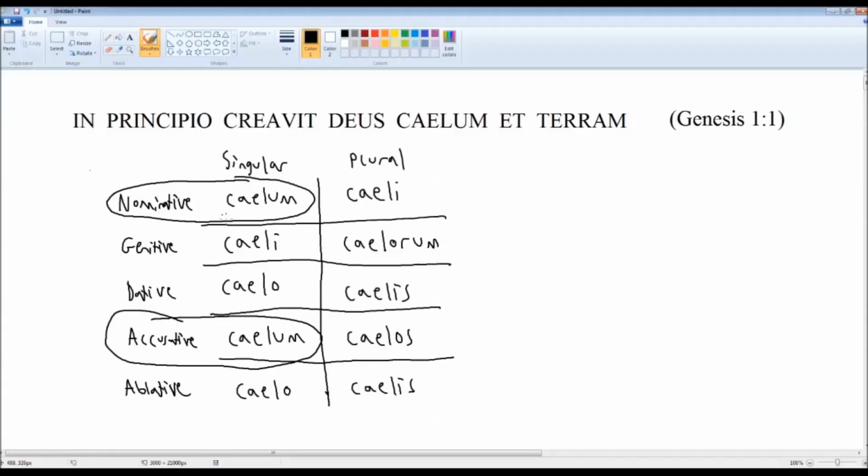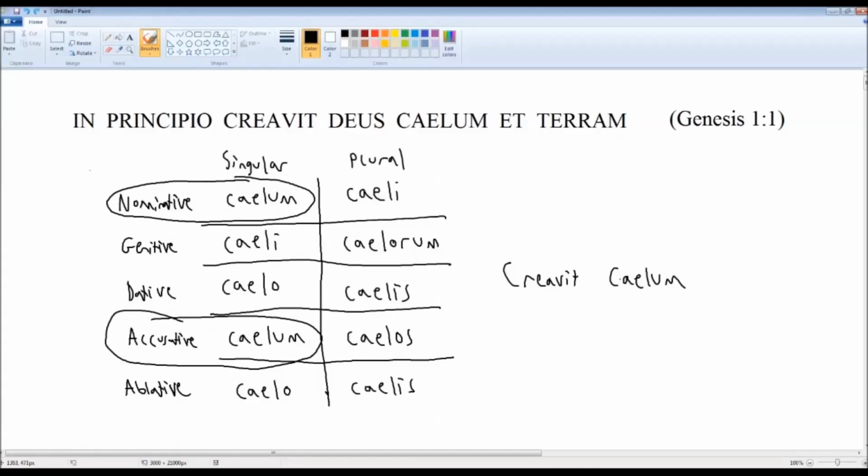Okay. So, as a refresher, nominative means it's the subject. It's the one doing the verb, whereas the accusative marks the direct object. Okay, so if you just had a sentence like this, if you had this, it could mean heaven created if caelum is in the nominative case.